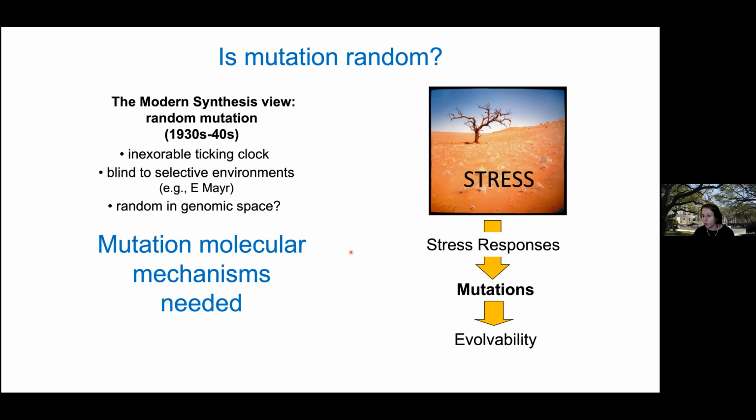And although the horizontal transmission part is really very well studied, the mutagenesis part, which is really important clinically, we knew very little about. And our interest started in really wanting to understand how evolution works.